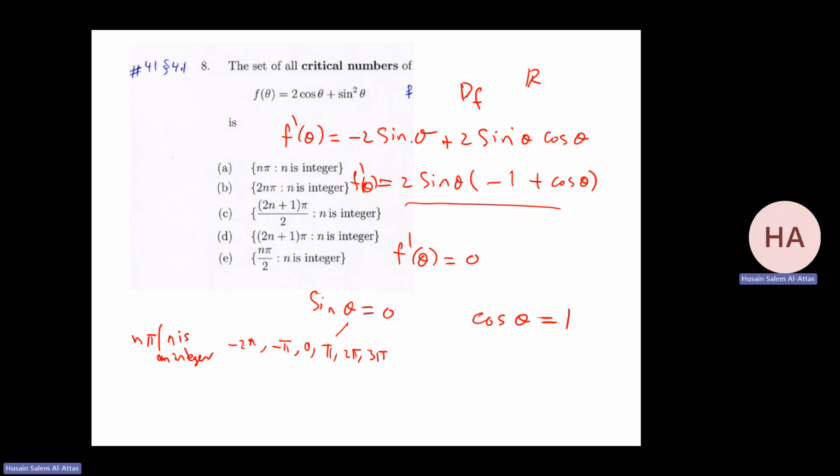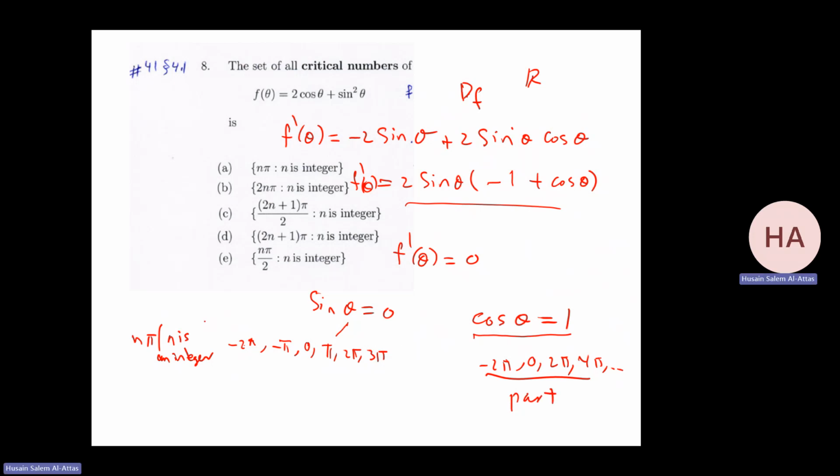Now, when cosine theta equals 1, it will be 0, 2 pi, 4 pi, and so on, and the same on the negative side.